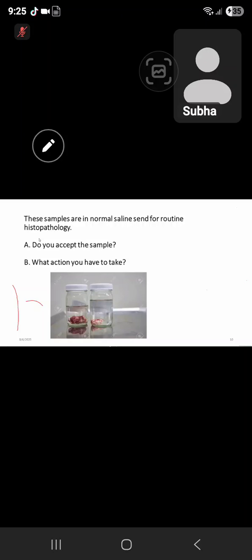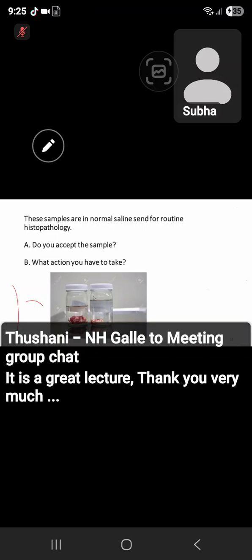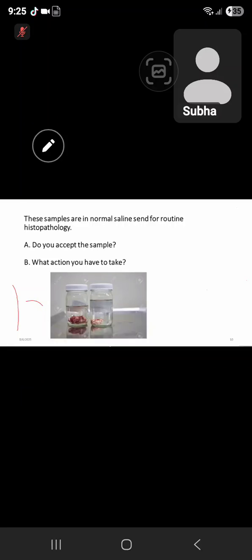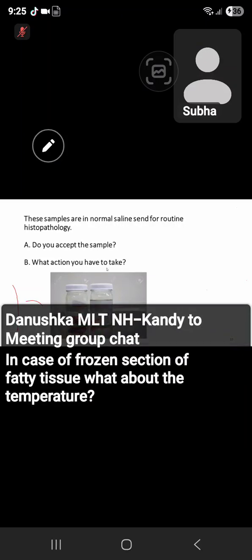In normal saline we cannot, but especially for histopathology specimens, we do not reject the specimen. So we have to change the normal saline and add the fixative, 10% formal saline, in the correct volume. That is the action you have to take.